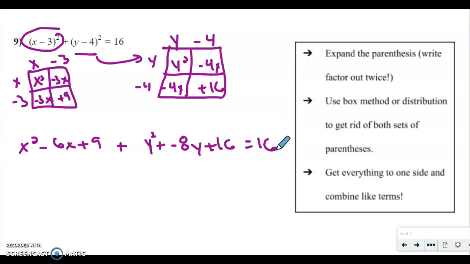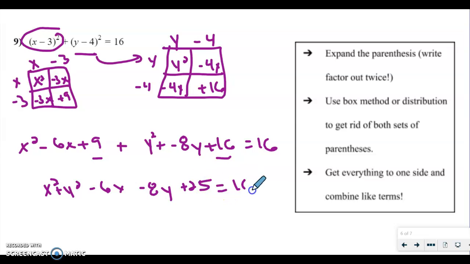So what we want to do is combine all the like terms and get one side to be 0. I have an x squared. I don't have any other x squared, so I have x squared. I do have a y squared, so I'll say plus y squared. I have a negative 6x, which doesn't combine with the negative 8y because they don't end exactly the same way. 9 plus 16 is 25 equals 16.